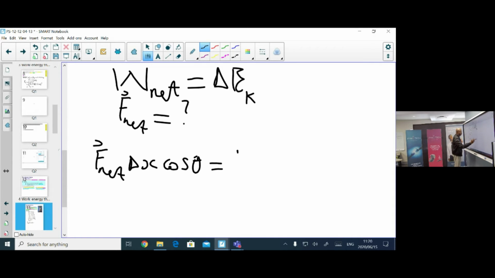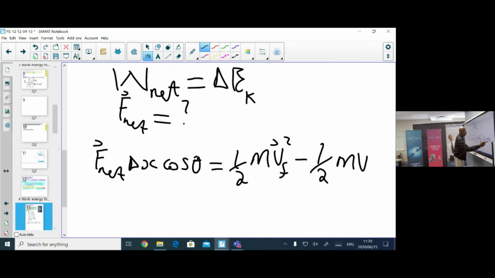The formula there is half m v final squared minus half m v initial squared. Don't forget to put a half arrow on top of v to emphasize this is a vector. Okay.